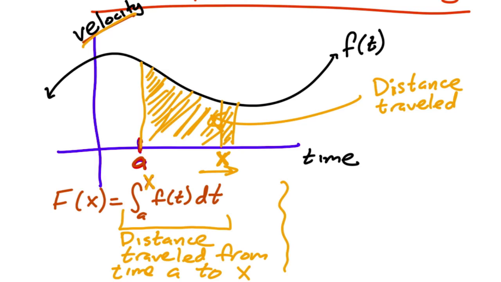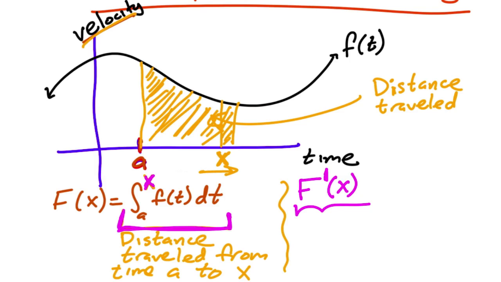Now, let's interpret this one, capital F prime of x. The interpretation of this is, well, if this is the distance traveled, another way of thinking about it is you can think of it as the position function, right? Because it'll tell you how far you've gone based on what x is.